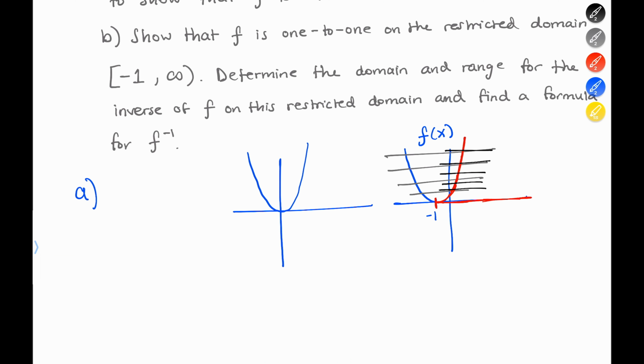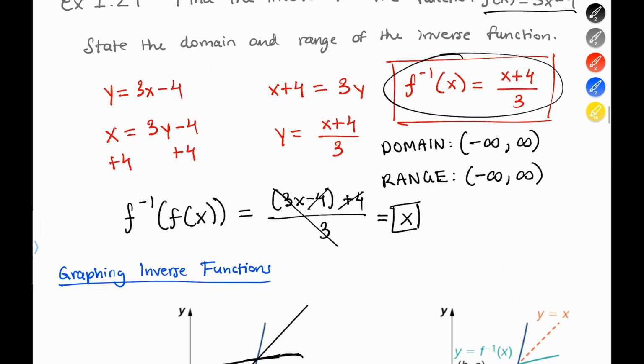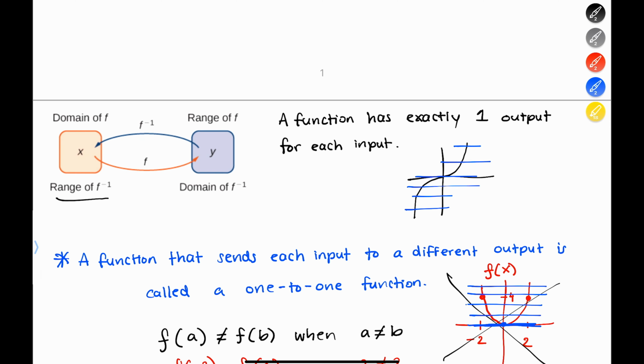So a smart way to go about it is to solve for the domain and range of this regular function, and then what we want to do is flip the domain and range, just like this correlation that we saw up here, because the domain and range are flipped for the inverse functions.